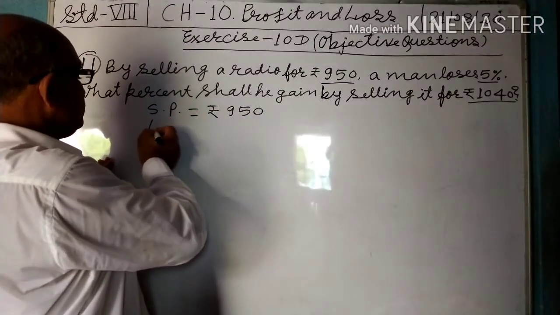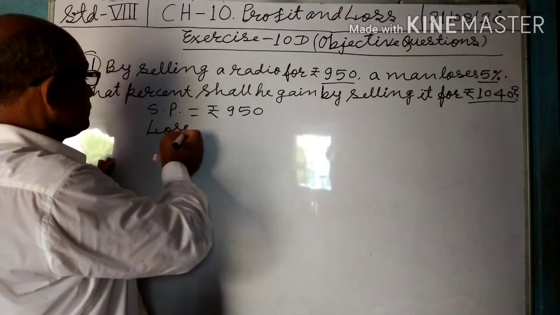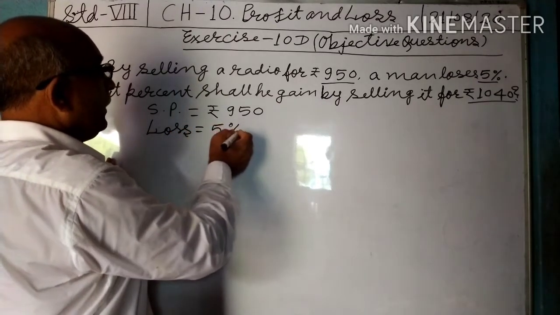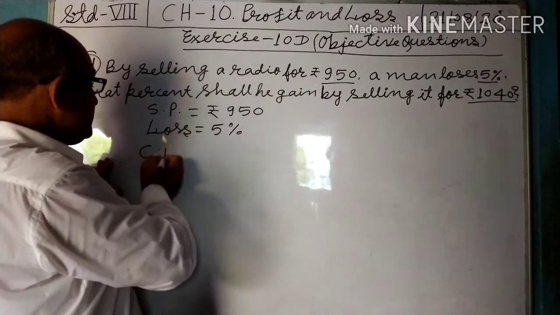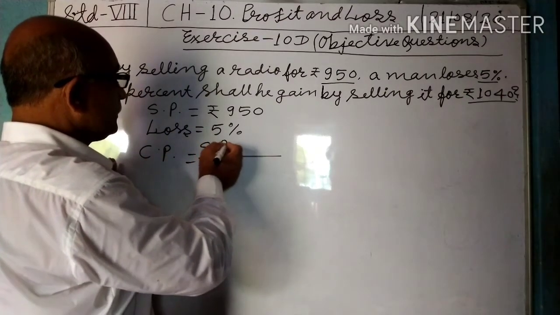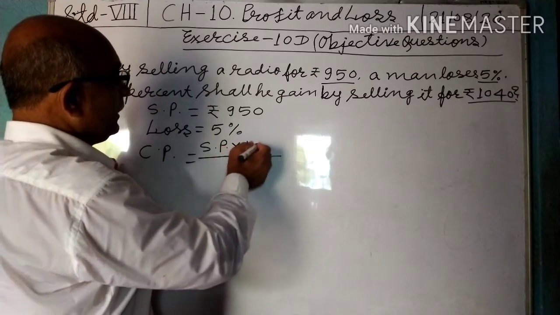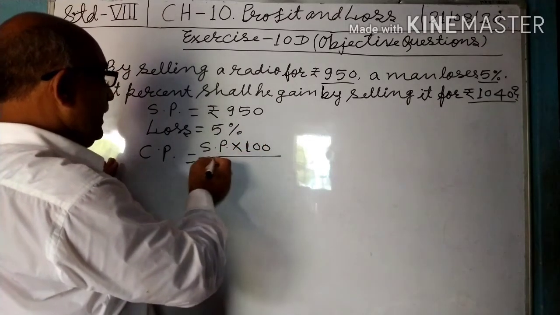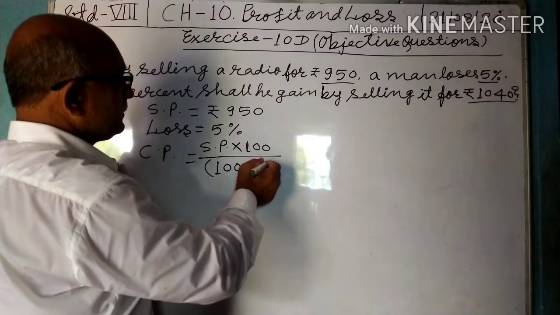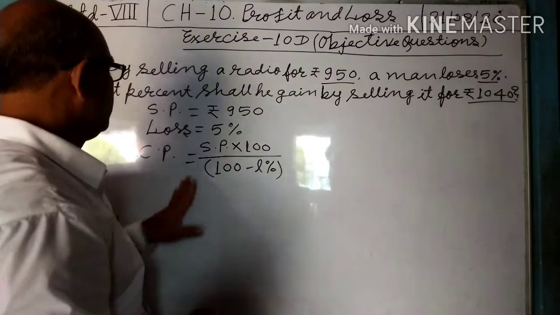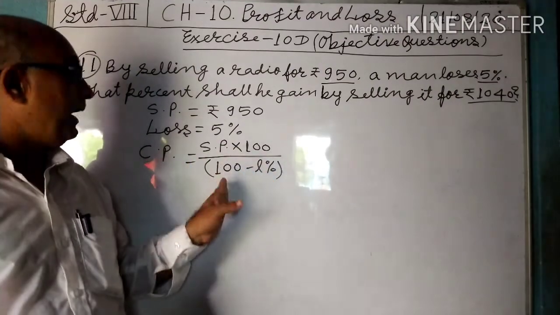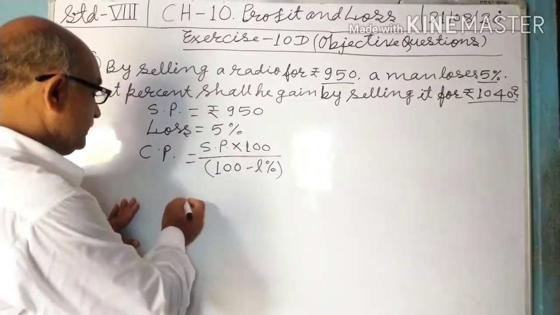Loss equal to 5%. So find CP. CP equal to SP into 100 by 100 minus loss percent.